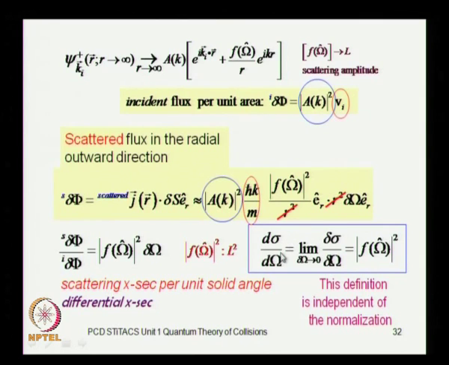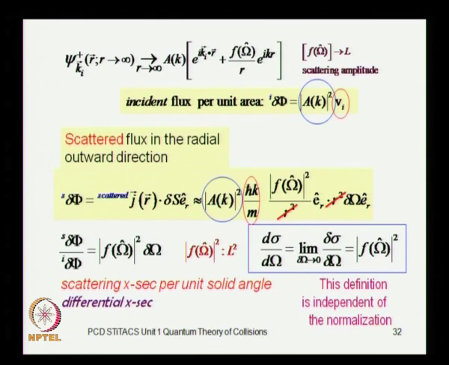So, this is the differential scattering cross section, and the energy dependent normalization does not appear anywhere in this description. It really does not matter, which is what I had hinted earlier, but now you can see clearly that this result, that d sigma by d omega is given by the square of the modulus of the scattering amplitude, is completely independent of the energy dependent normalization.